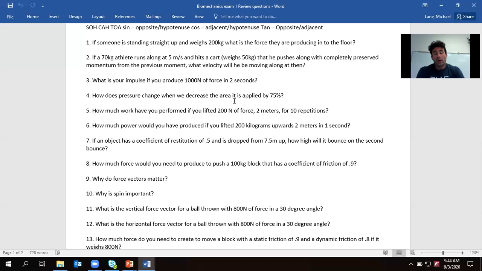So that means for the next one, it's going to be about 1.6, gosh, what does that end up being? 1.875 or so. So effectively, all you're going to do is take 7.5 times 0.5 for your first bounce, and then times 0.5 again for the second bounce, and that's going to give you the height.